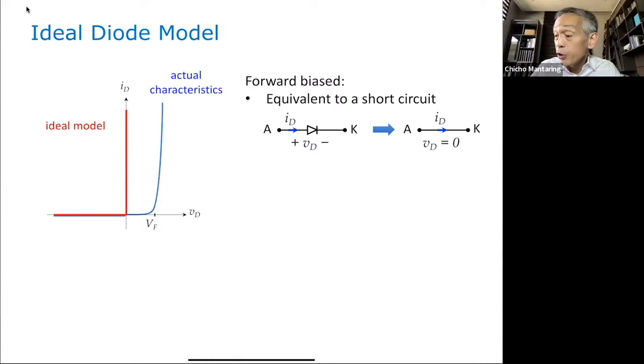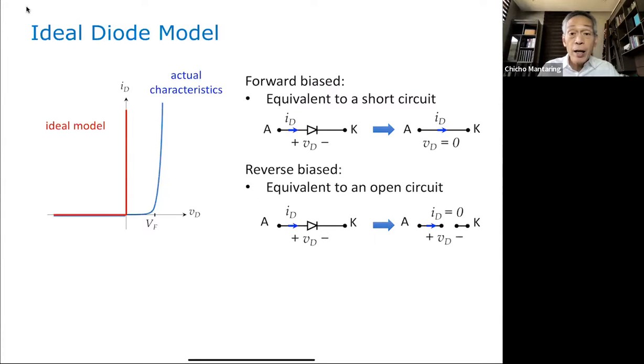So this is our diode circuit element, and when it is forward biased, this is its equivalent circuit. It's equivalent to a short circuit. And what are the characteristics of a short circuit? The voltage across the diode will be equal to 0. So if you take a look here, this vertical line, the voltage is equal to 0.